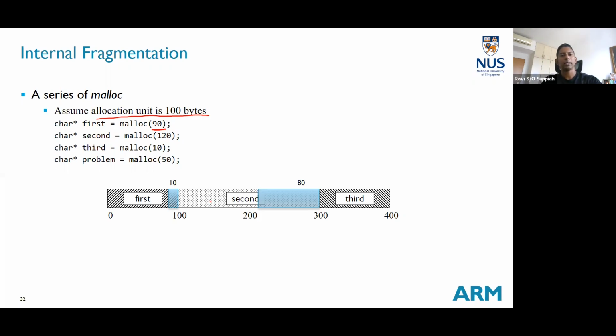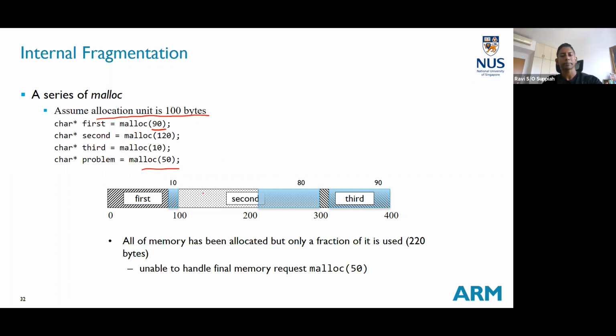And in the third one, I ask for 10, I will get 100 and only 10 is used, 90 is free. So you can see that I have a lot of free space, but the malloc of 50 will still fail, because I need to have 100 byte chunks to allocate memory. All right, so you are still not able to fully make use of the amount of memory you have.